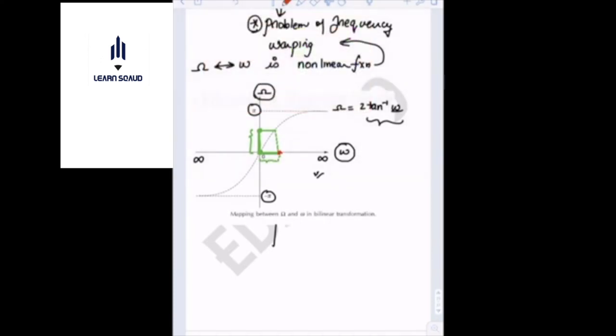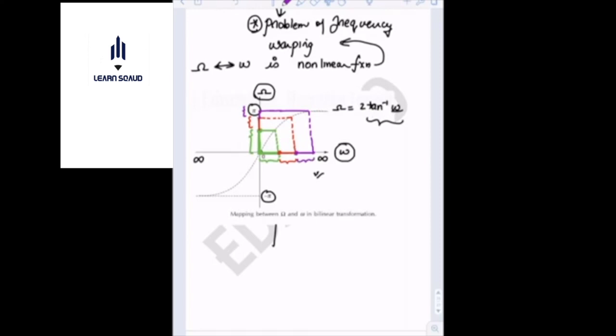Now for these frequencies, if the width of red and green is the same, you can see that the width of red will be reduced on the digital frequency axis. Similarly, the third one, if I take, then the width will be further reduced on the digital frequency axis.